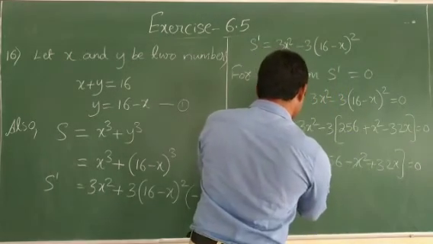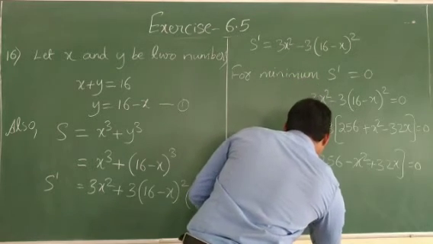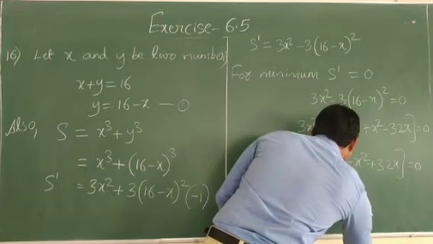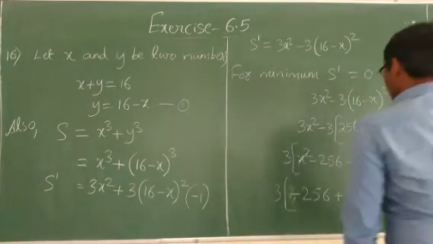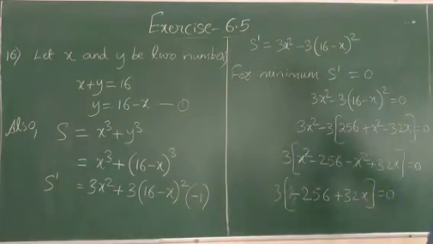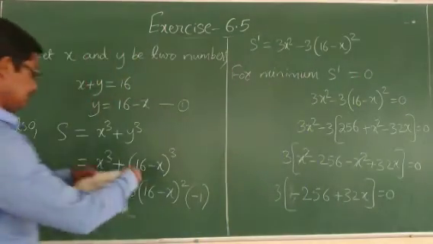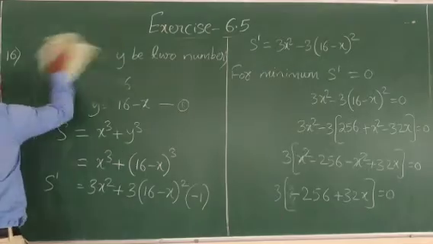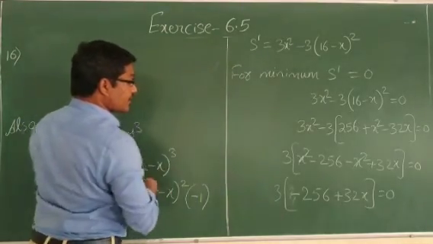So what we have is 3 into minus 256 plus 32x equal to 0. We can take the 3 to the other side.